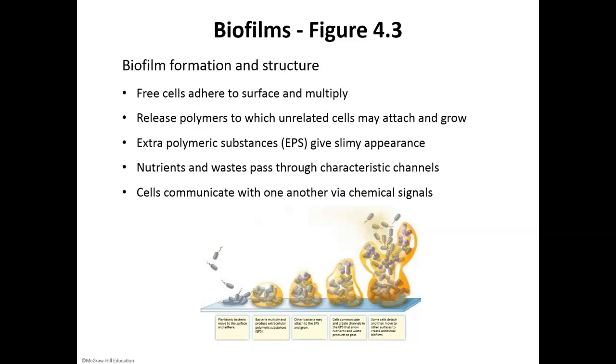These polymers are what cause the slimy appearance of biofilms, and the polymers also allow other cells to come and attach. Once more cells attach, the bacteria are no longer able to free themselves from that original surface.